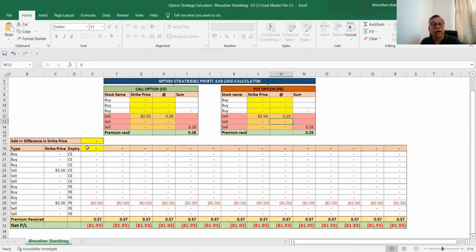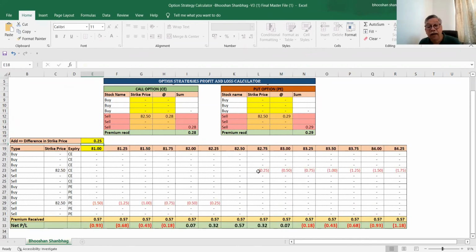I'll keep the prices from 81, the difference of 0.2. So as you can see, my maximum profit is 0.57 if expiry comes at 82.50. I hope it's visible to you.